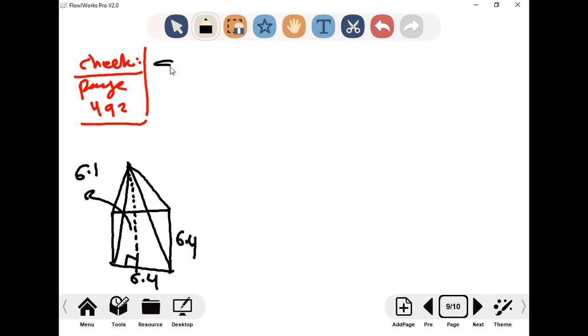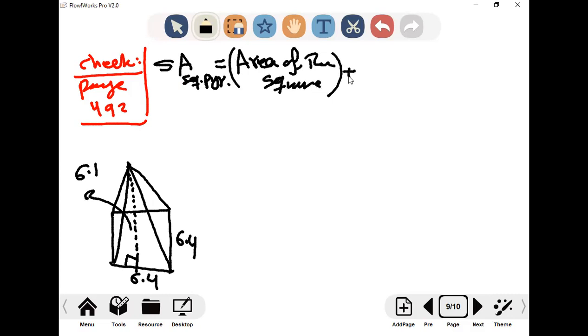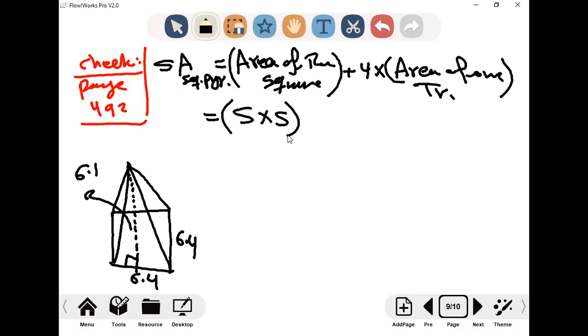Because it's a square pyramid, let's follow the formula: the surface area of the square pyramid equals the area of the square plus 4 multiply the area of one triangle. The area of the square is s by s, or s power of 2, plus 4 multiply area of one triangle.